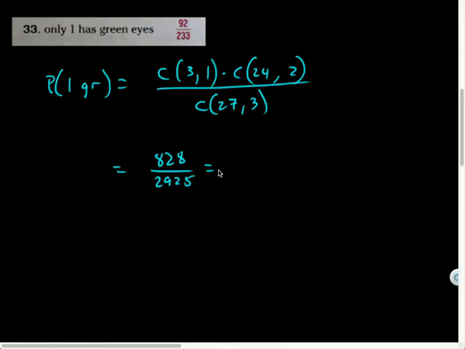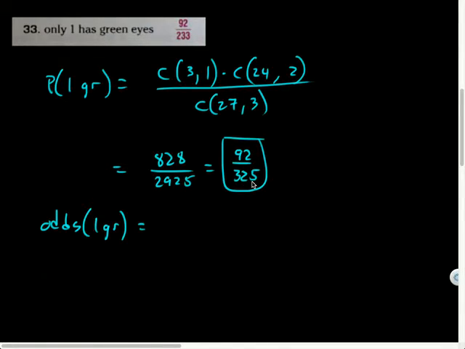And I believe I can reduce that. 92 over 325. And that's the probability. So to find the odds of 1 green, I would subtract 92 from 325, and I do in fact get 233, as the answer indicates up above.